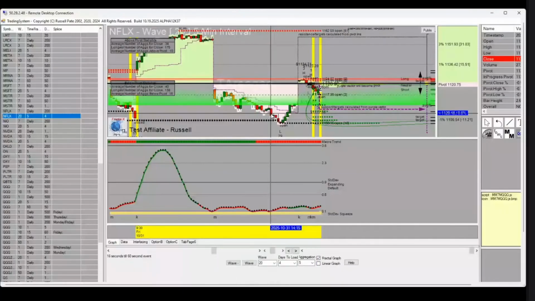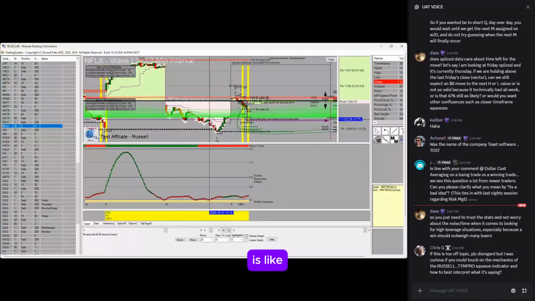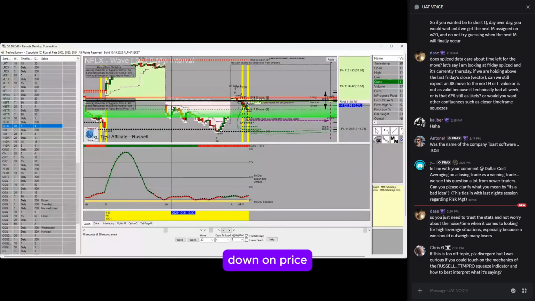You're guessing. You're like, I think it's going to go up, but it's not even here. So I look at this. One thing I look at is the purple vector. I'm like, is it even challenging the vector? Is it even trying? Because remember, the vector's resistance, and the vector is like a compression utility. It's pushing down on price, pushing down on price.